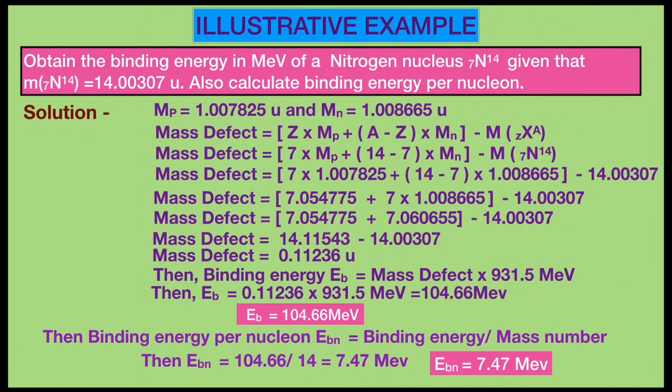So in that way we calculated binding energy per nucleon also, that you can see is 7.47 mega electron volt, and binding energy is 104.66 mega electron volt. Keep in mind that the stability of nucleus is estimated by using the binding energy per nucleon, not by using binding energy only.